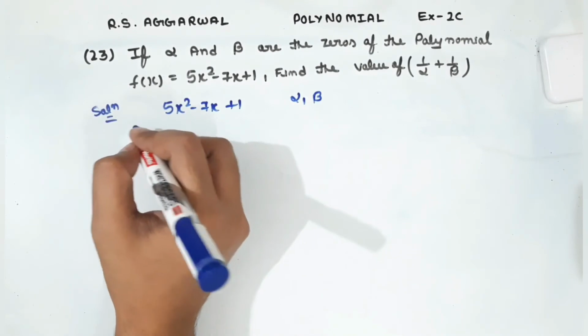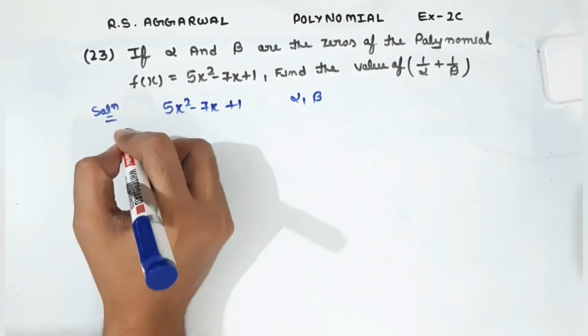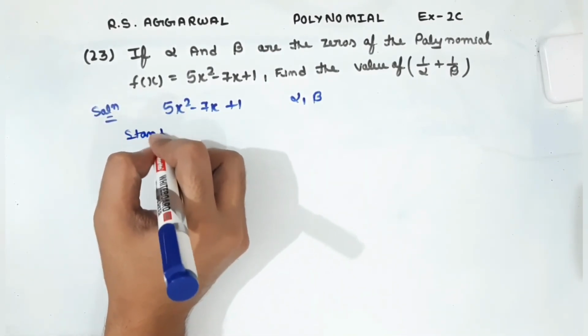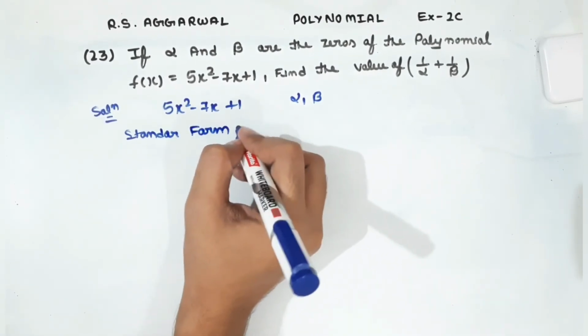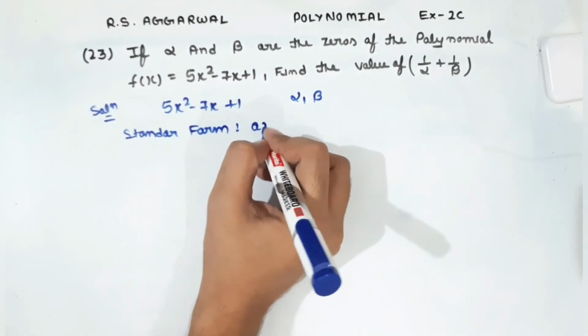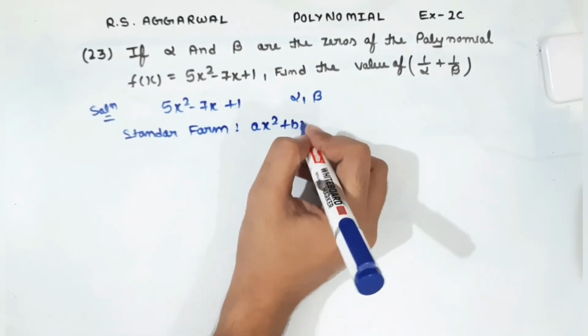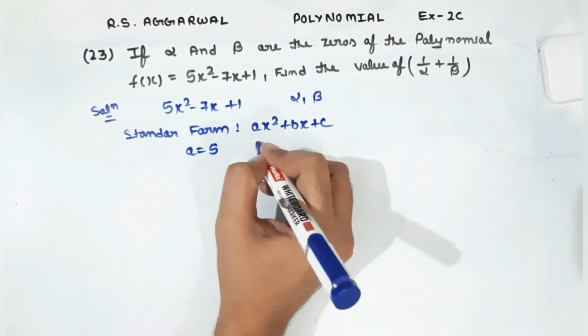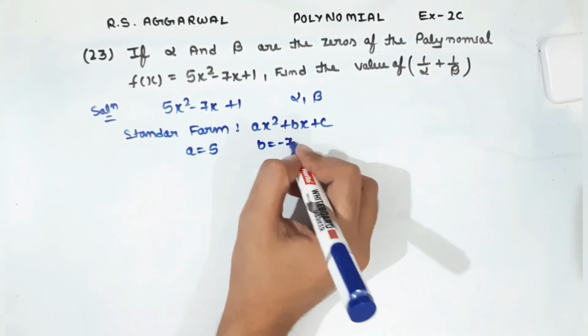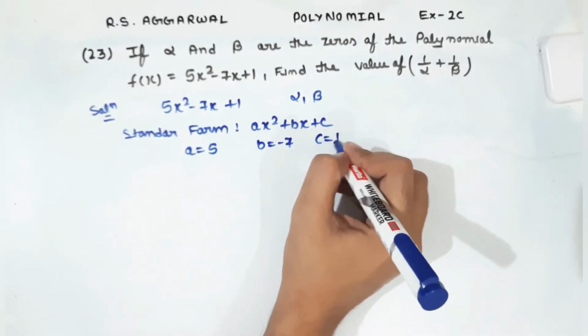on comparing with the standard form, ax square plus bx plus c, a will be equals to 5, b will be equals to minus 7 and c will be equals to 1.